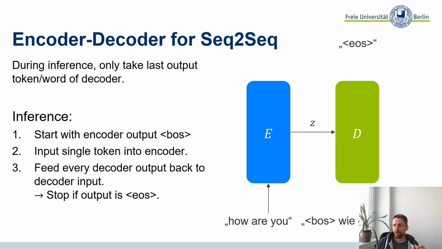Until we finally receive this end of sequence token that will then make us stop generating the sequence, right? So this is the way we use encoder-decoder architectures.